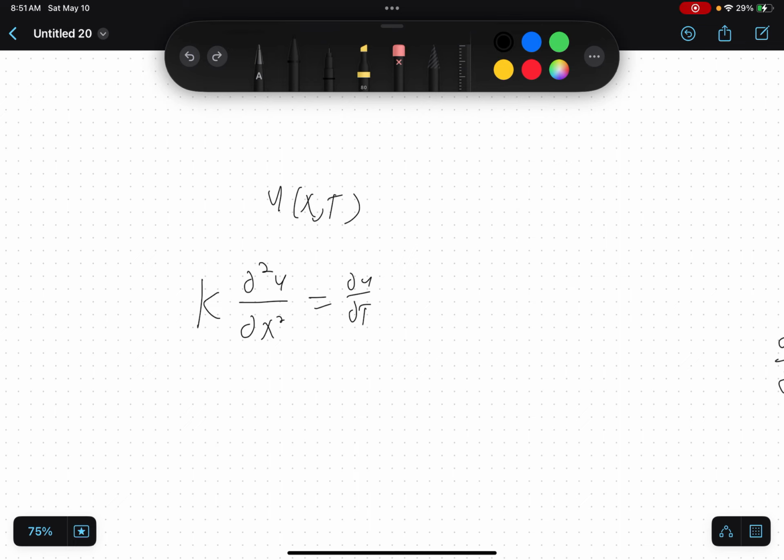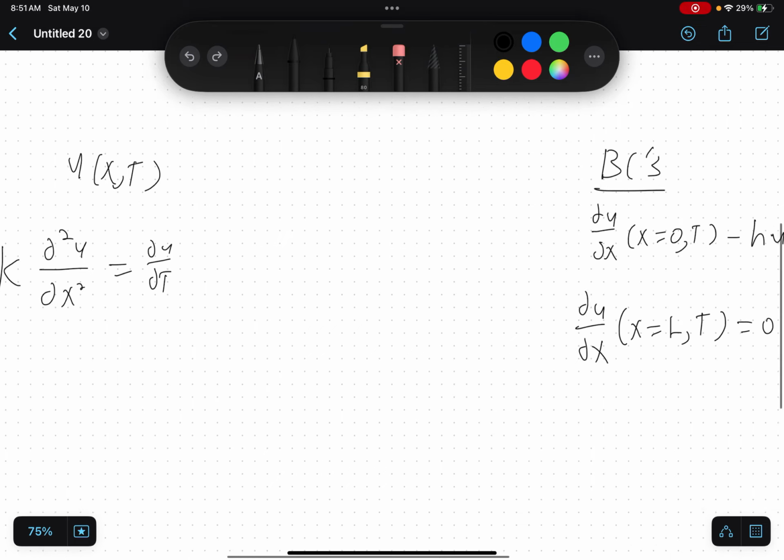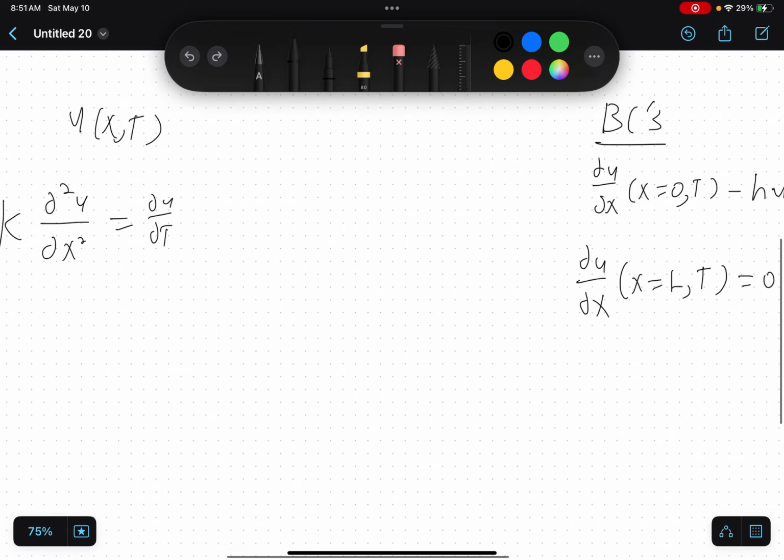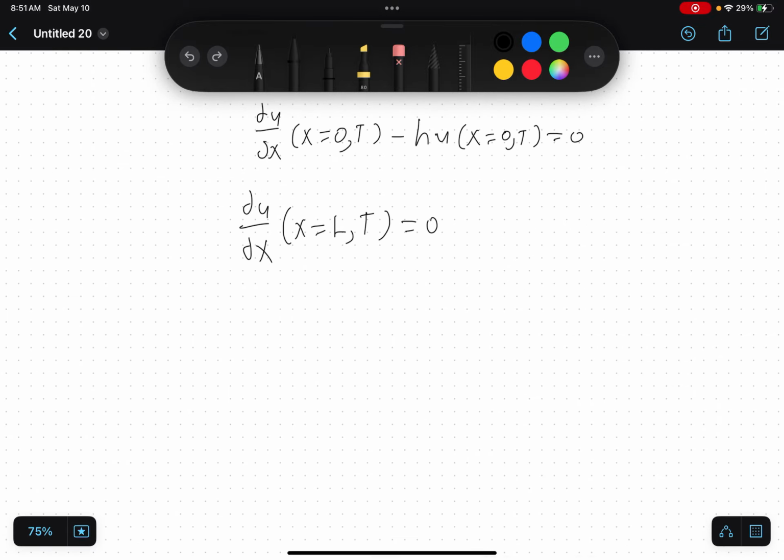And since u only has a first derivative with respect to time, you only need one boundary condition with respect to time. And we call boundary conditions with respect to time initial conditions, if they start at t equals 0, which this one does.